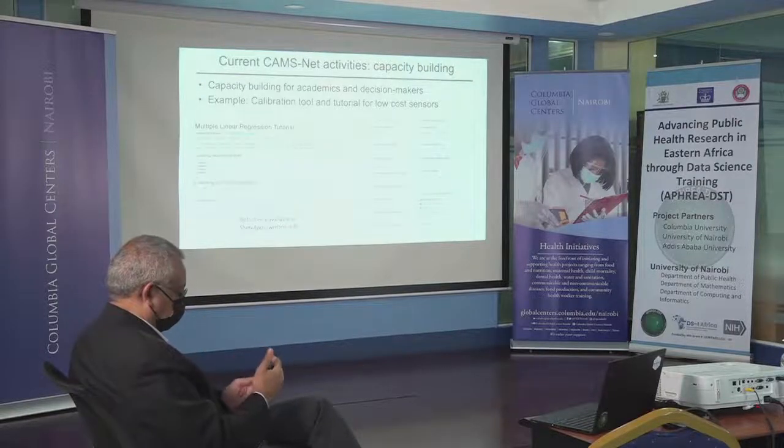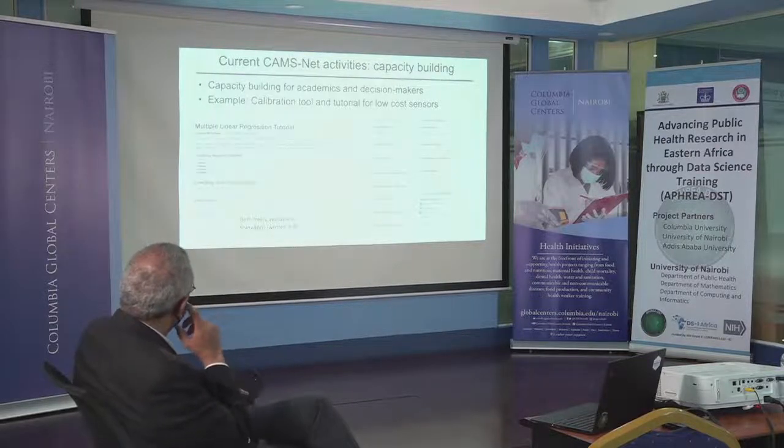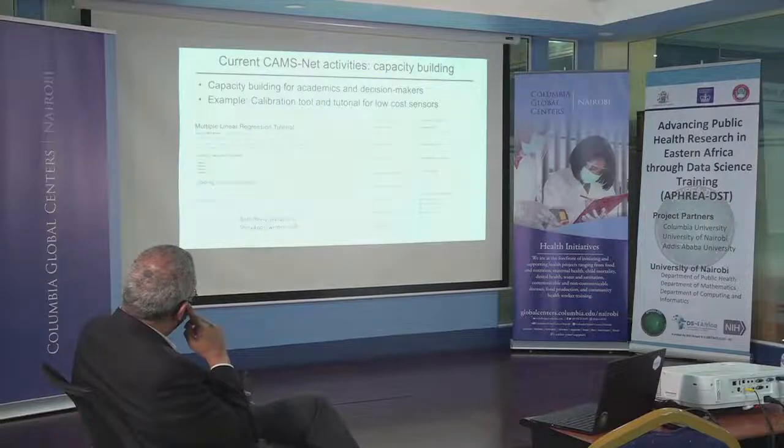And so this tutorial and also this app basically will take those two data sets and compare them side by side, and then use that comparison to develop a very simple multiple linear regression technique that corrects the low-cost sensor data closer towards the high-quality data standard, which is the reference monitor data.